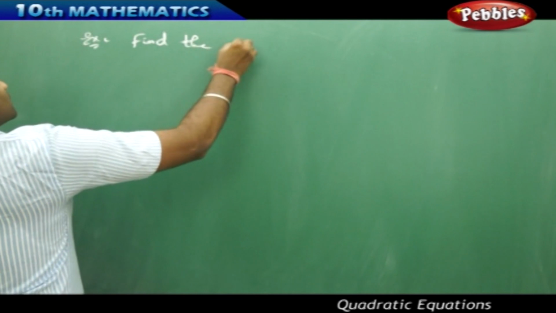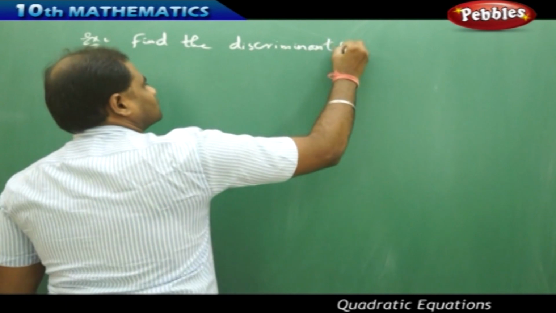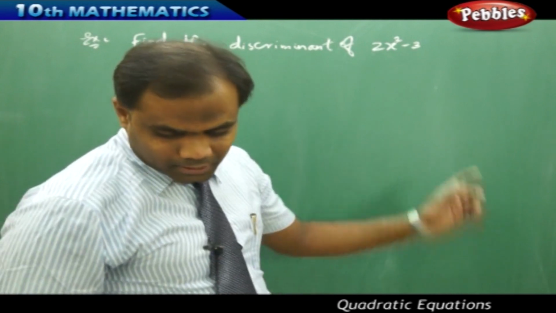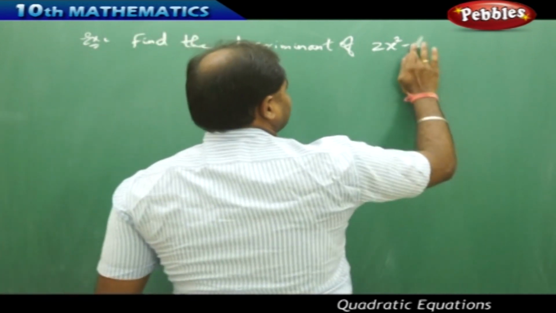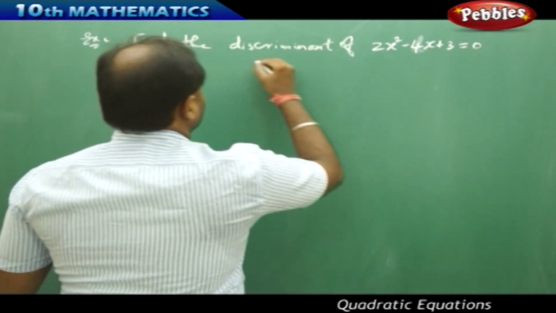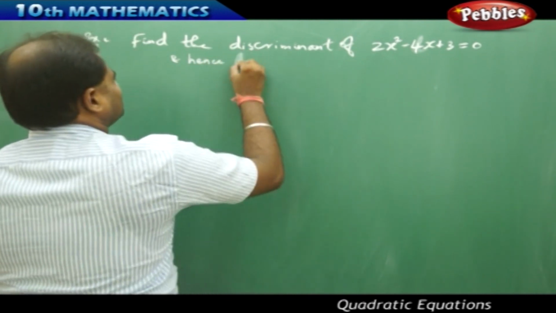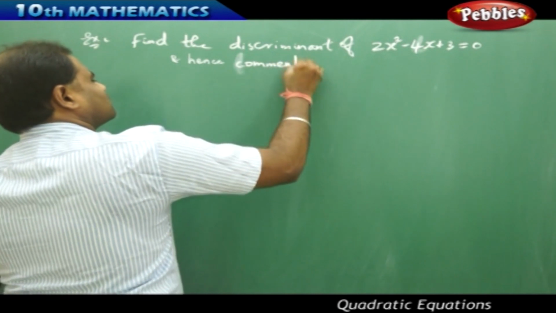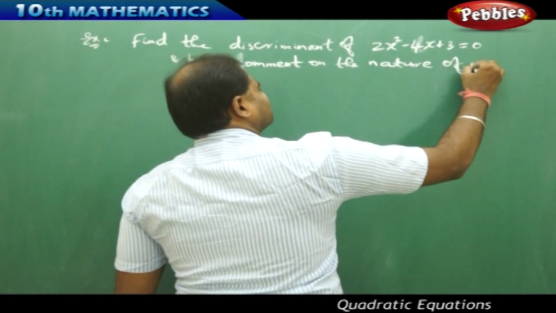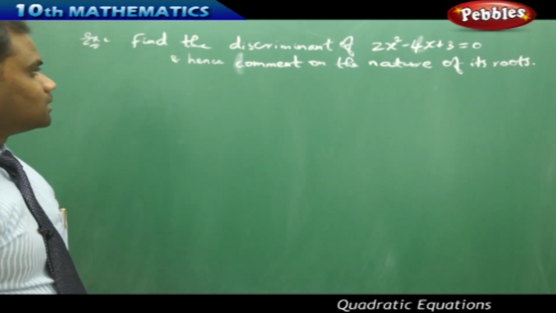Find the discriminant of the quadratic equation 2x squared minus 4x plus 3 equal to 0, and hence comment on the nature of its roots, is the question here.